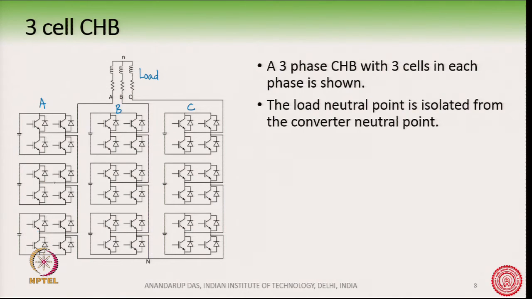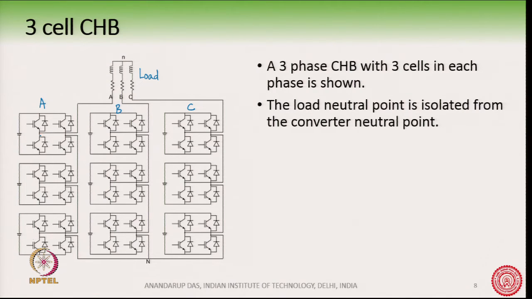These 3 cells are cascaded. So, you can see that the output of cell 1 goes to the input of cell 2, output of cell 2 goes to the input of cell 3, and so on. So, there are 3 such cells in each phase, and altogether in 3 phases we have 9 cells.